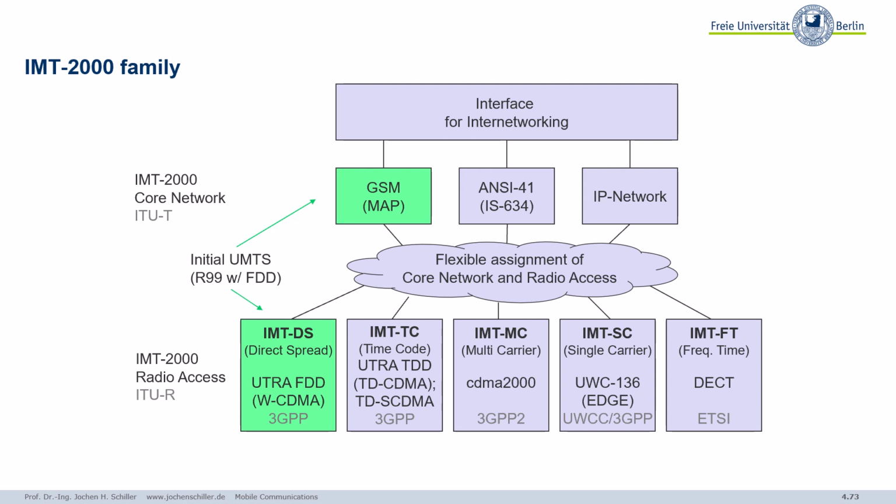So there was a lot of fighting going on at political and industrial levels, the European Union against the US, etc. The end of the story was that we did not come up with a single standard, but with this family. And whoever already used GSM and had a core network geared towards GSM stayed with this GSM core network and added UMTS.